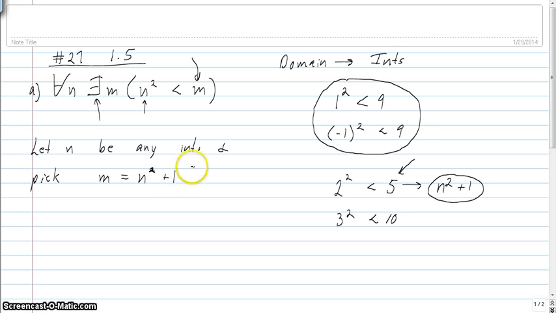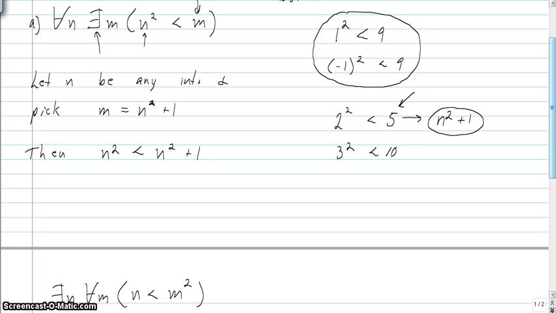And then if I just substitute that n squared plus 1 into my inequality, if I subtract n squared from both sides, I get 0 less than 1, which is something that's always obviously true. It's true no matter what the value of n is.